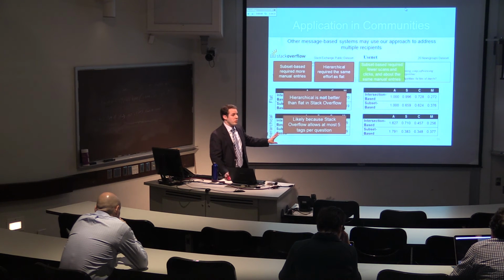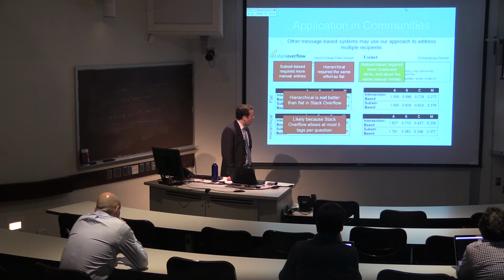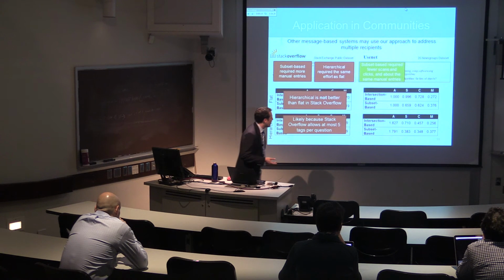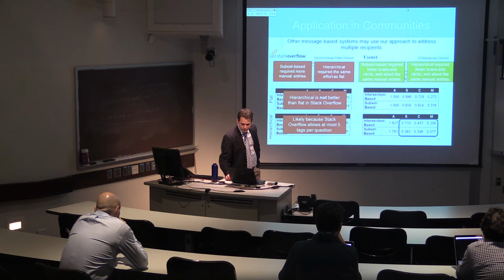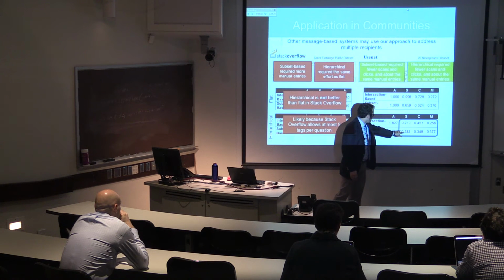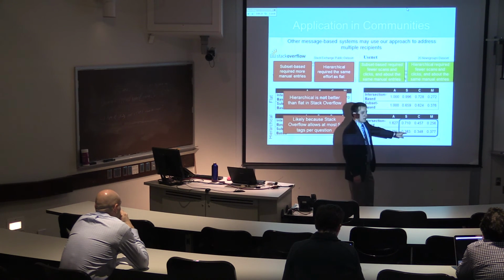So in terms of absolute difference, because we were looking at whether it was less than 1, that was the absolute judge. So let me see if I can point out. So required fewer scans and clicks right here, and about the same manual entries.